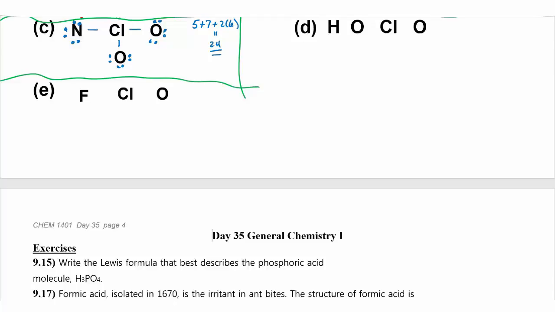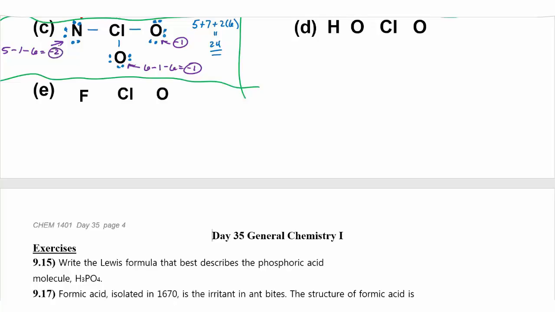Let's try calculating formal charge. These oxygens, 6 valence minus 1 bond minus 6 lone electrons, it's a -1. So this oxygen's a -1 also then. On my nitrogen here, I have 5 valence minus 1 bond minus 6 electrons.